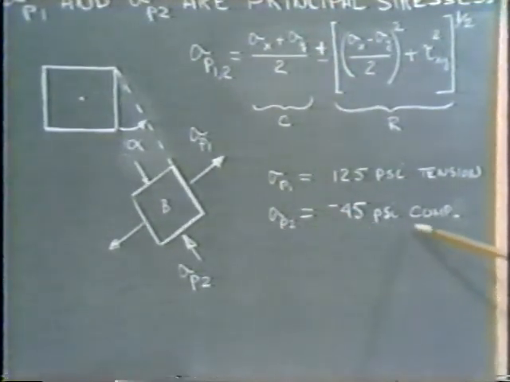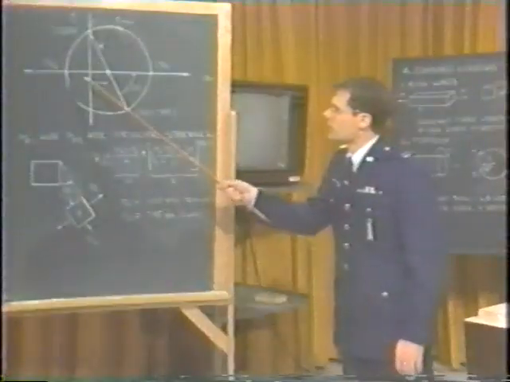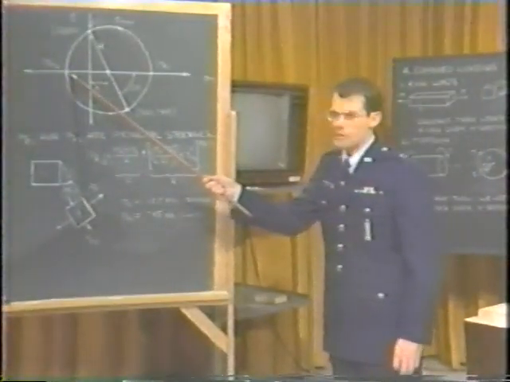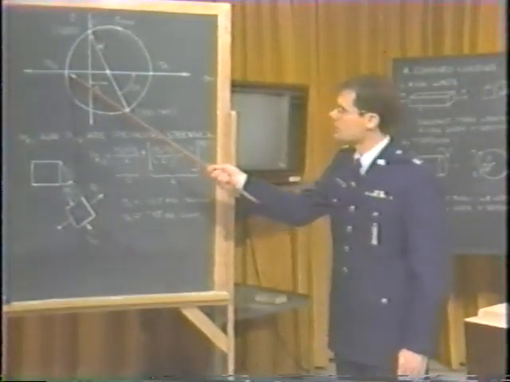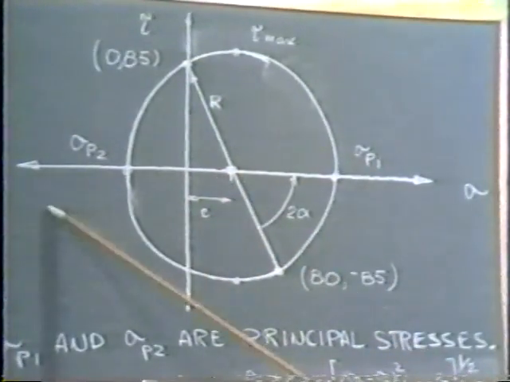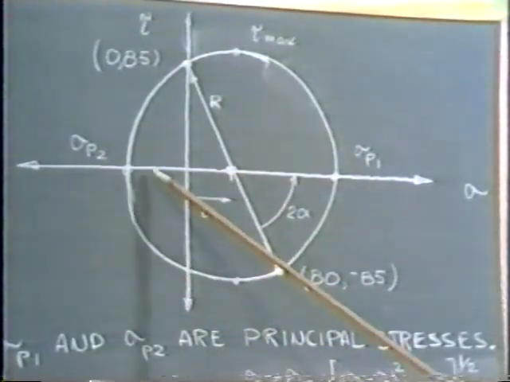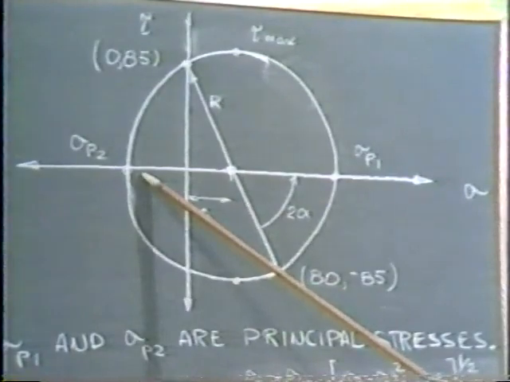I've identified it as compression, since when we use our formula above, we get a negative value for the principal stress. Supported by one further picture, I move further up above. The graphical representation shows our second principal stress in the negative portion of the normal stress.